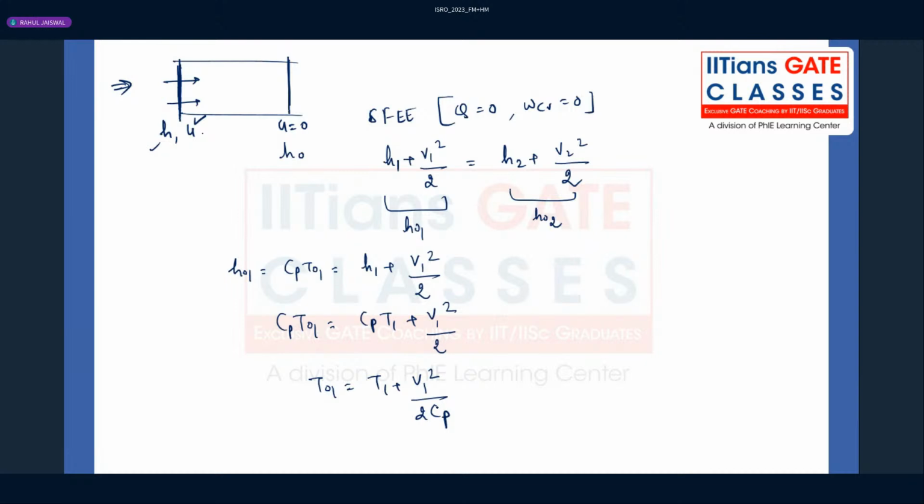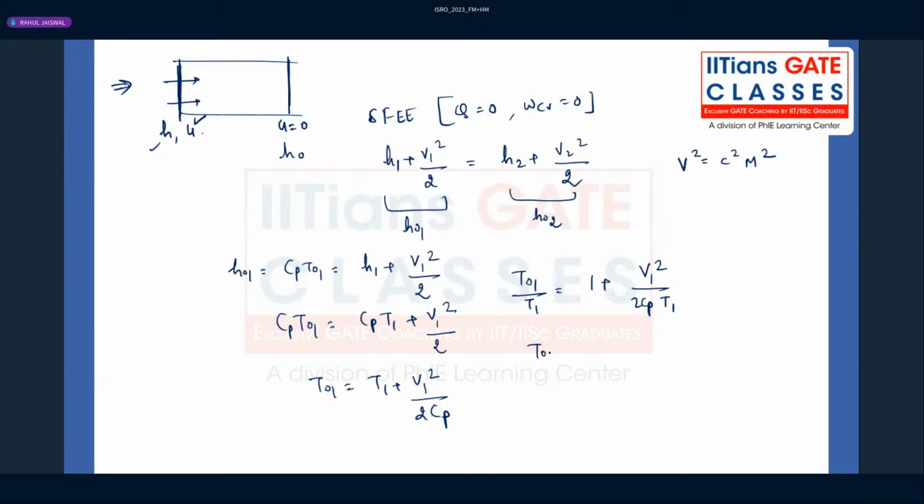Further, T01 divided by T1 is 1 plus V1 square divided by 2Cp into T1. How to simplify here? We know that V square can be written as C square M square, where M is the Mach number.